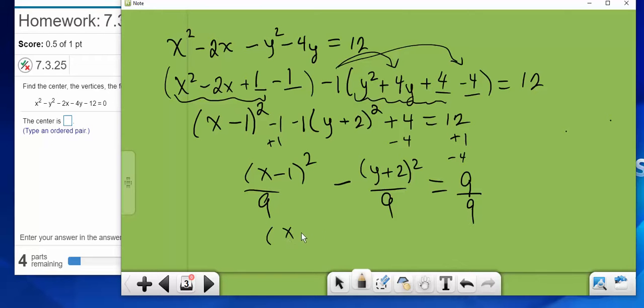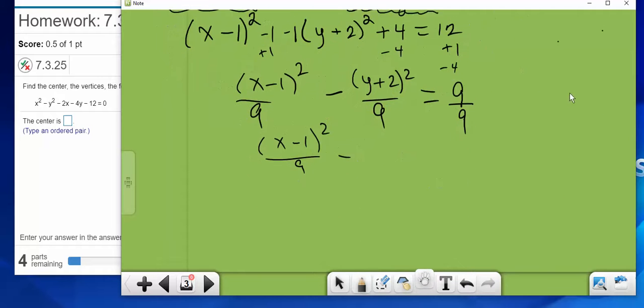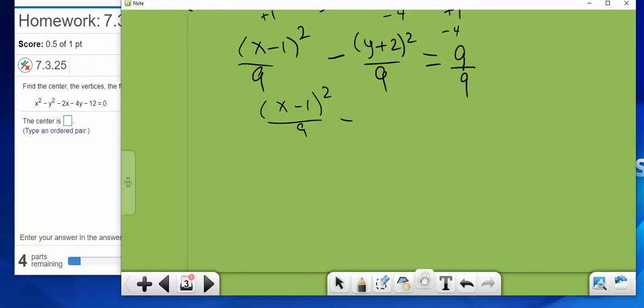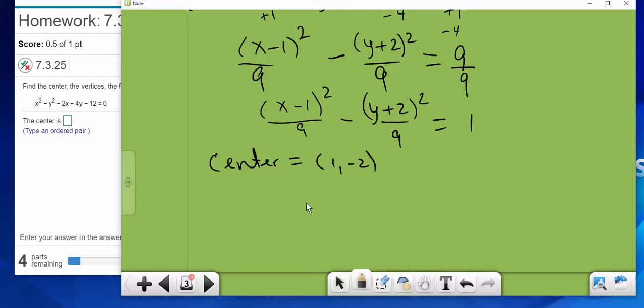So we have x minus 1 squared over 9 minus y plus 2 squared over 9 equals 1. Our center is 1, -2. And this is x squared minus y squared. So under the x, the square root of 9 is 3.